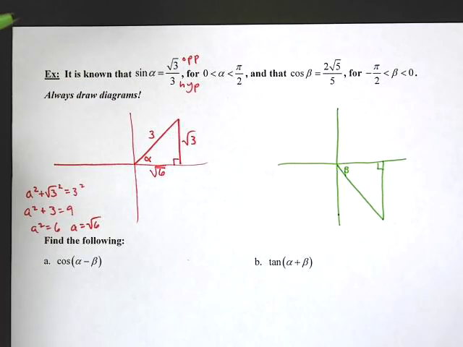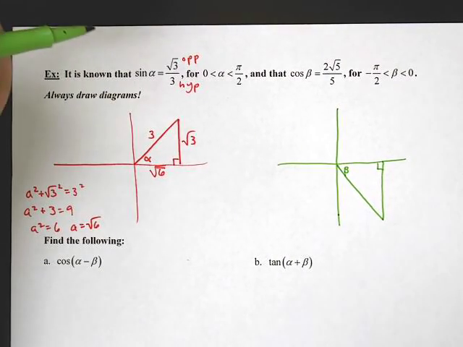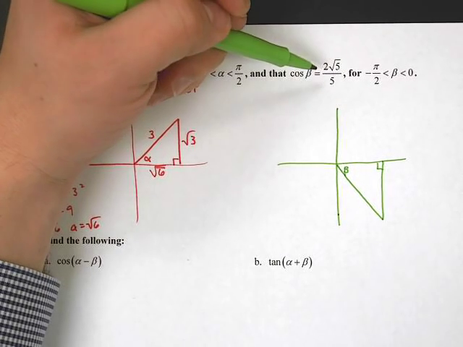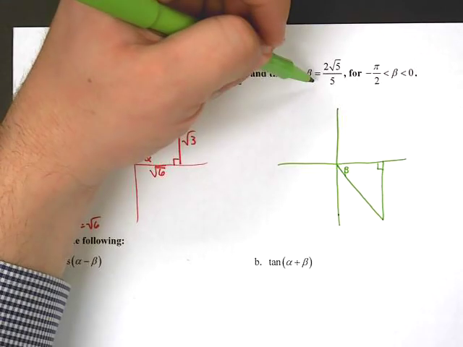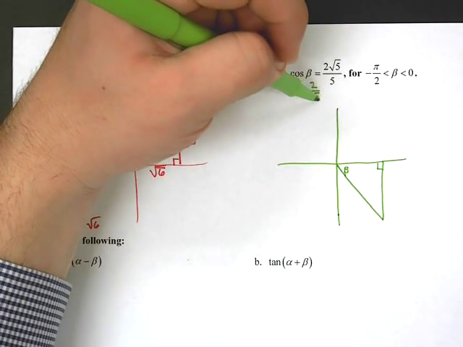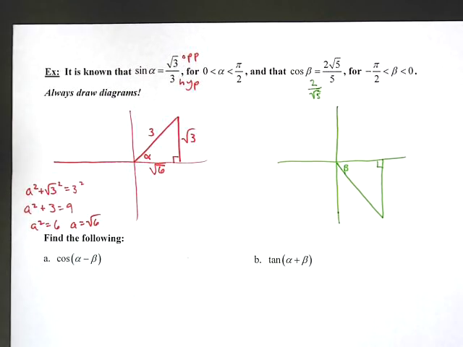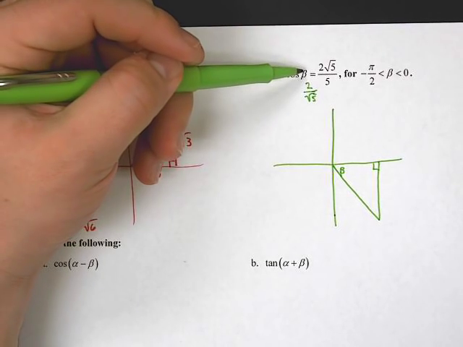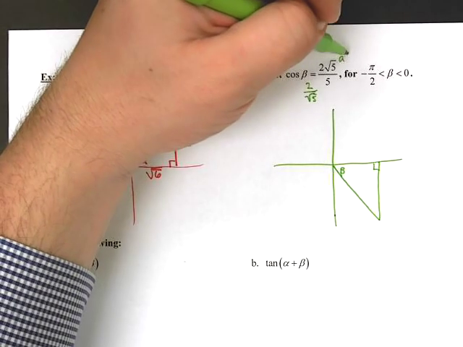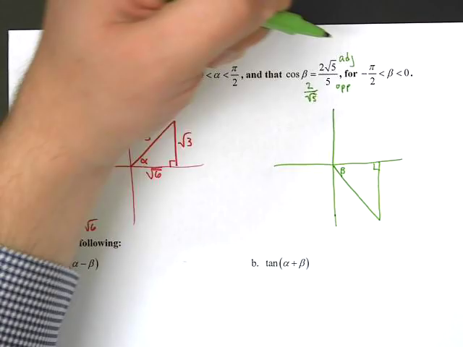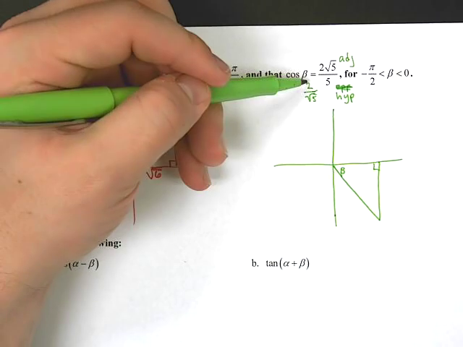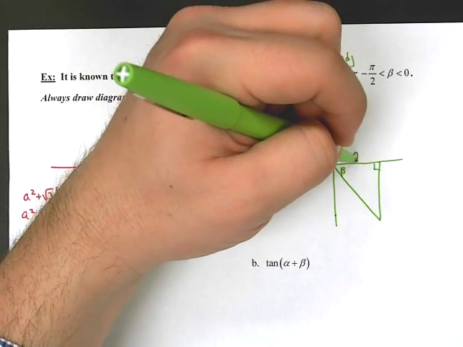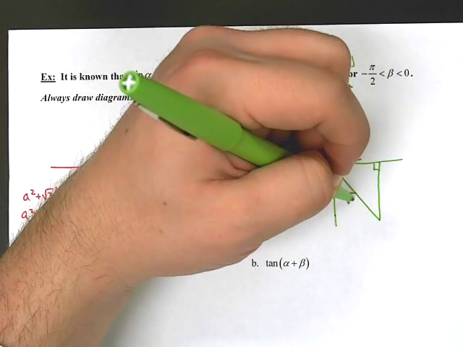I think what I'm going to do to make this easier, guys, is unrationalize this again. 2 root 5 over 5, we know that is the same as 2 over square root 5. That means, because it's cosine of beta, which is adjacent over hypotenuse, that my adjacent side must be 2 and my hypotenuse must be square root 5.